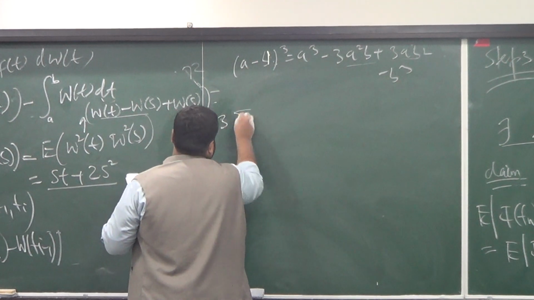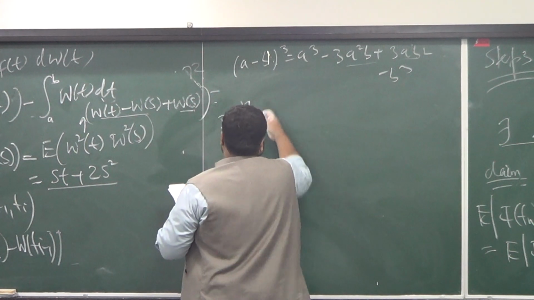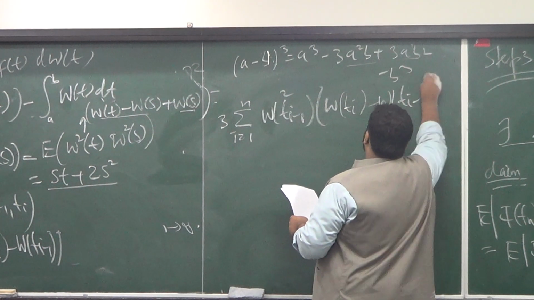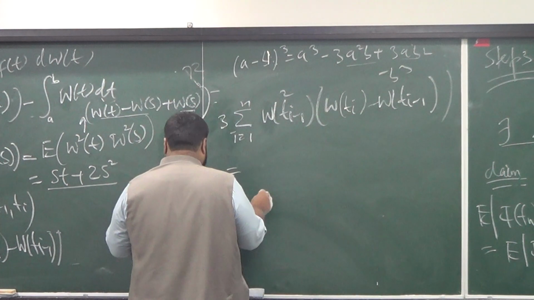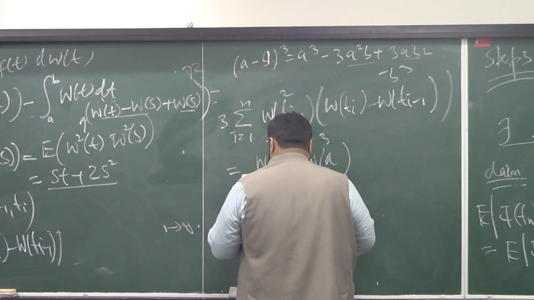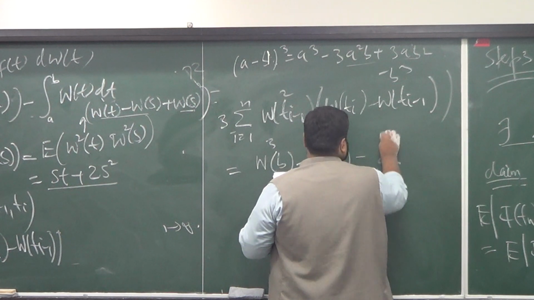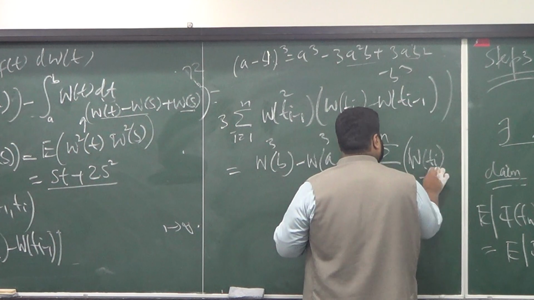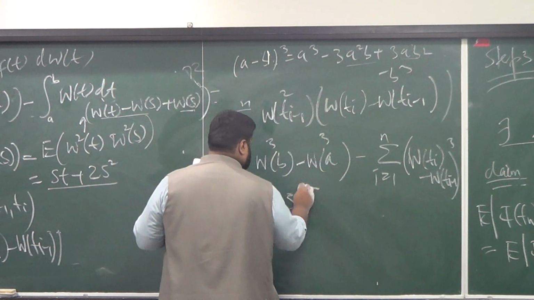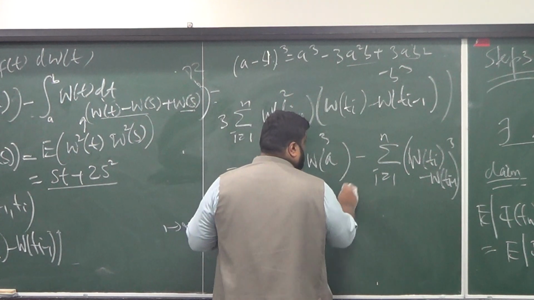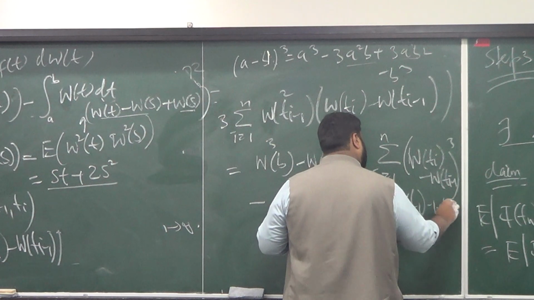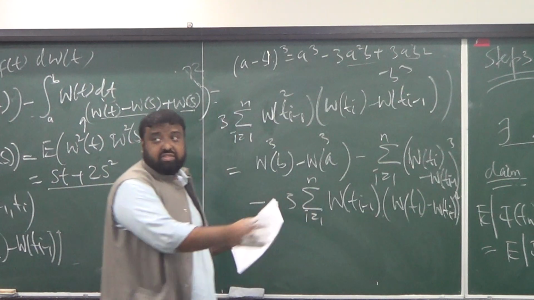So I have 3 times the sum, i equal to 1 to n, of w of t_{i-1} square times (w of t_i minus w of t_{i-1}), which would be the same as w of b cube minus w of a cube, minus the sum, i equal to 1 to n, of (w of t_i minus w of t_{i-1}) cubed, and minus 3 times the sum, i equal to 1 to n, of w of t_{i-1} times (w of t_i minus w of t_{i-1}) square. So I have this expression.